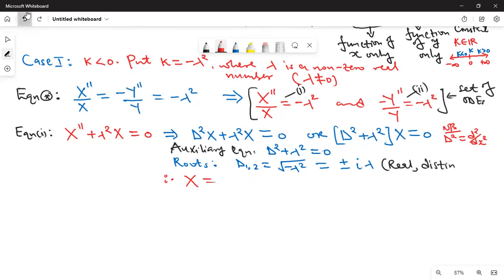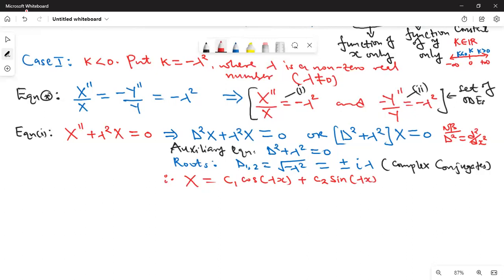They are complex because of the i there. So when you have complex conjugate roots of that form, then your solution will now be C1 cos lambda x plus C2 sine lambda x.